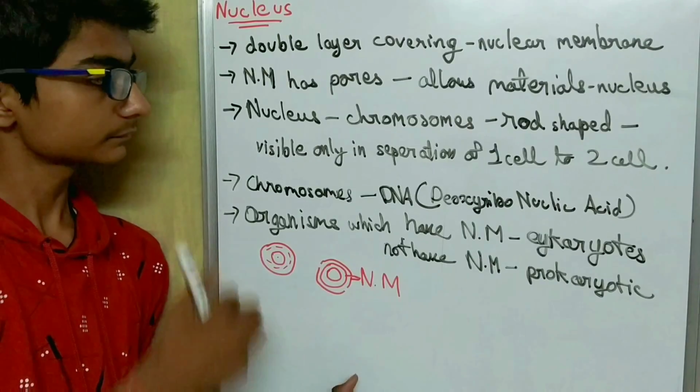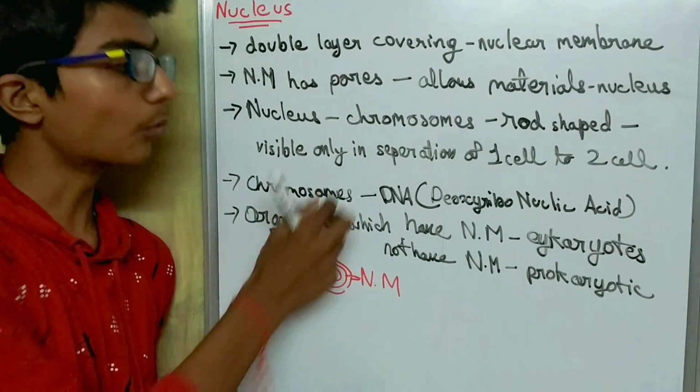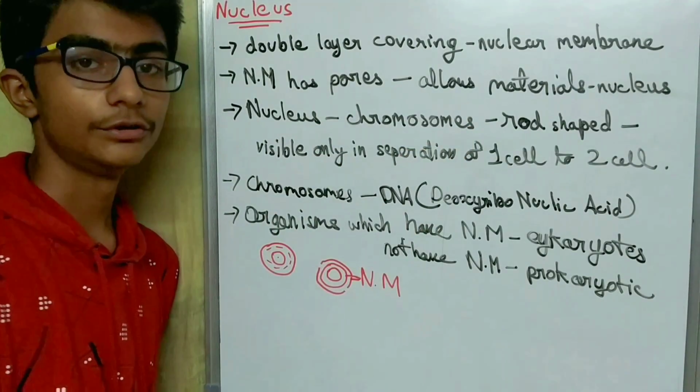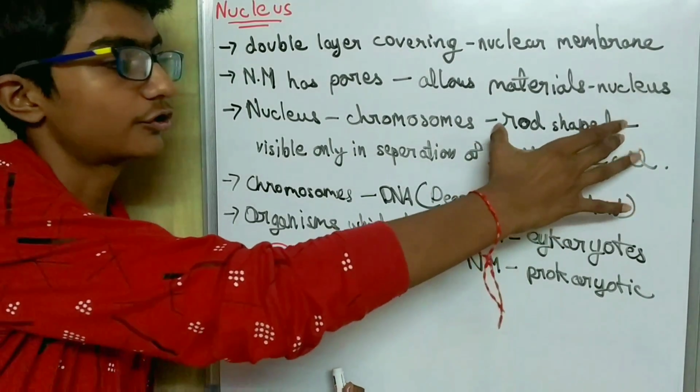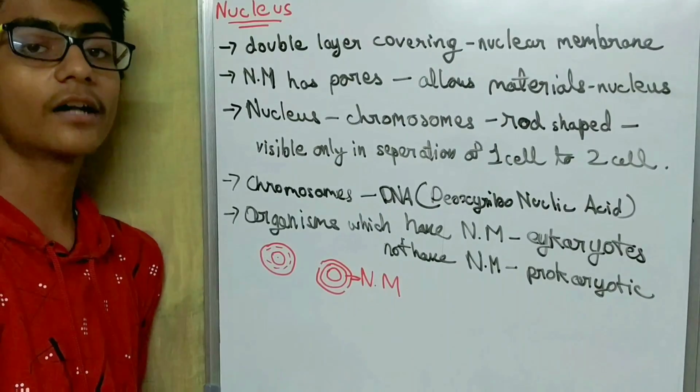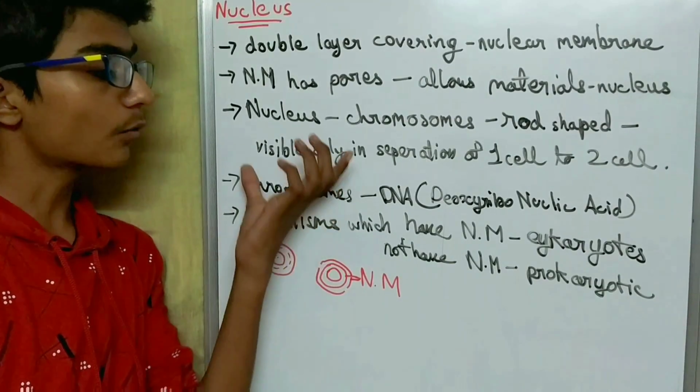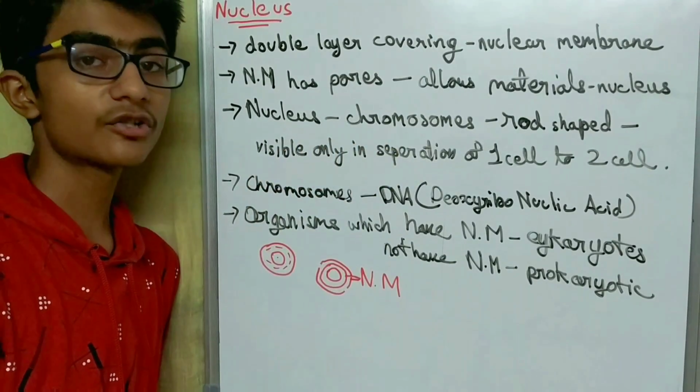So now nucleus has chromosomes in it, which are rod shaped. Chromosomes are rod shaped and are only visible during the separation of a cell.